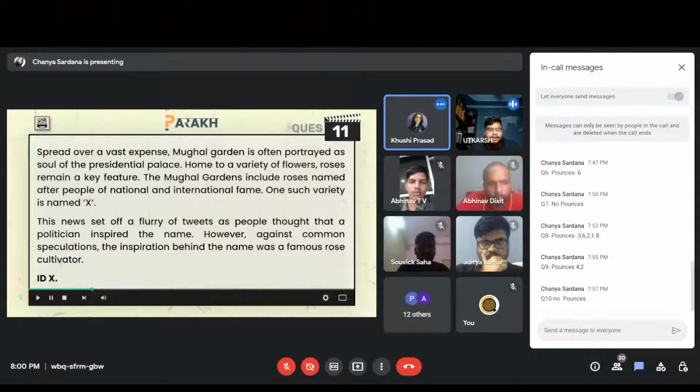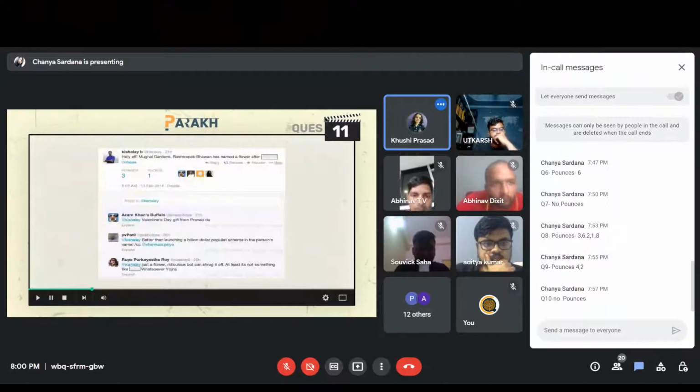Side, I just need to read the last 2 tweets, if you don't mind. Okay, so yeah, sure. So it says Valentine's Day gift from Pranab Da. Then better than launching a $1 billion populist scheme in the person's name. Then just a flower, ridiculous, but can't shrug it off. At least it is not something like dash whatsoever Yojana.